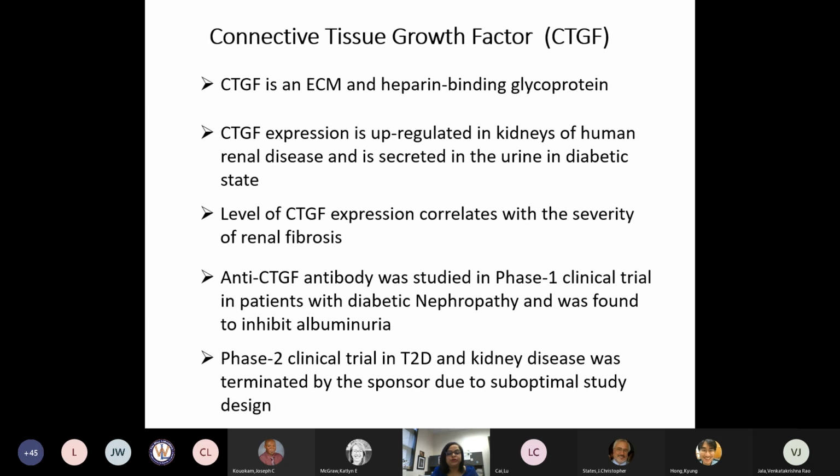However, the phase 2 clinical trial was terminated by the sponsor due to suboptimal study design. Therefore, it is very critical to identify a target protein which lies between TGF-beta signaling and CTGF expression so that we can have targeted therapies to treat renal fibrosis.